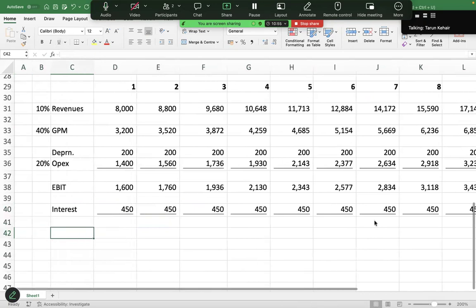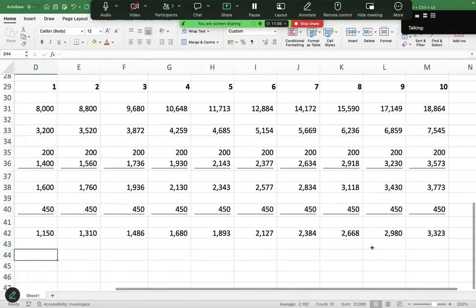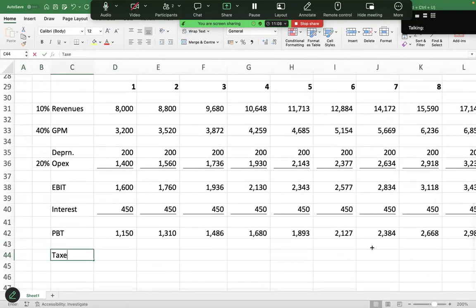Now you take PBT, profit before tax. Then what is the tax rate given? 30%.